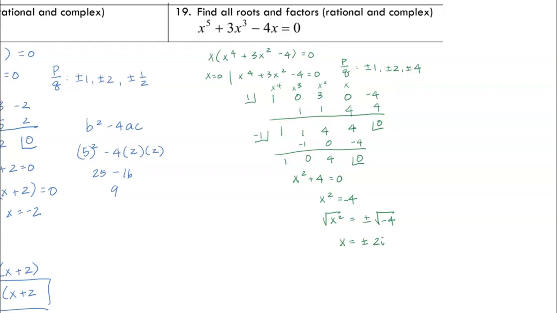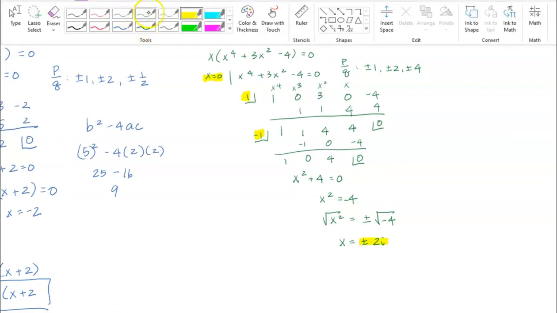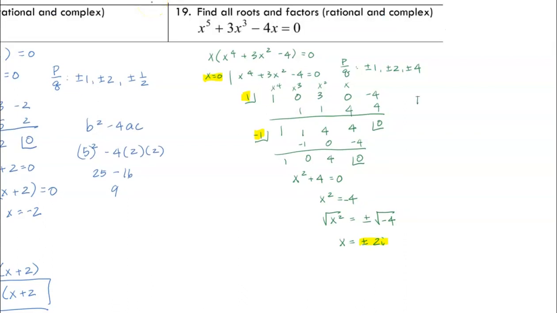So all of our roots, gather them up: 0, 1, -1, plus or minus 2i. So the roots are going to be x equals 0, plus or minus 1, plus or minus 2i.